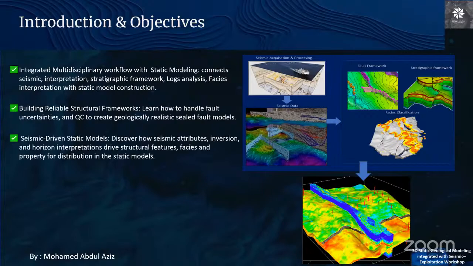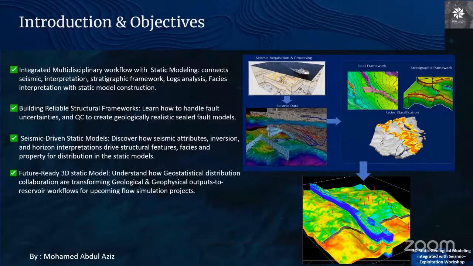And the integration from the seismic data into the static model, you will discover how seismic attributes, inversion, and horizon interpretation drive the structure features, stratigraphic framework, facies analysis, and the property, either continuous property and discrete property for distribution in the static model.